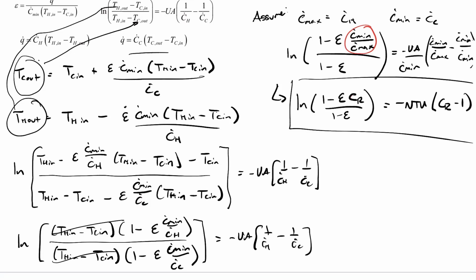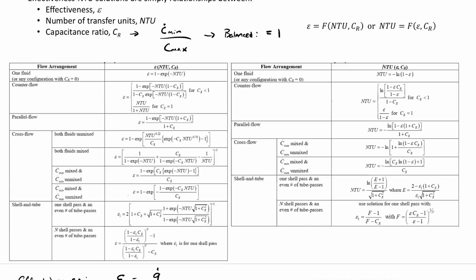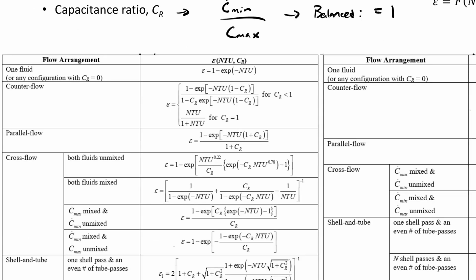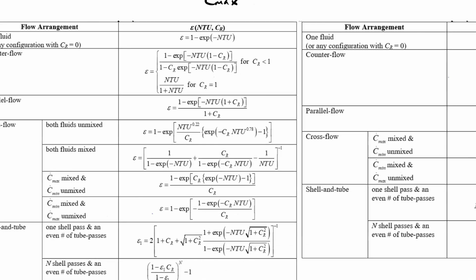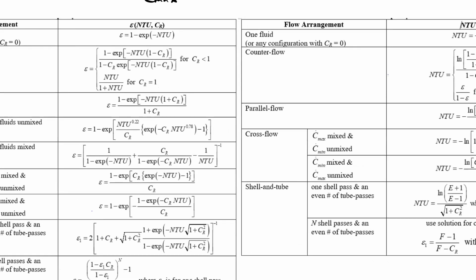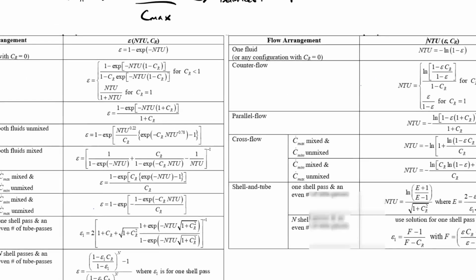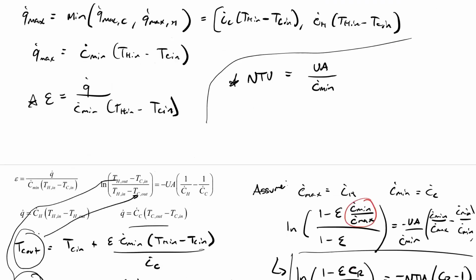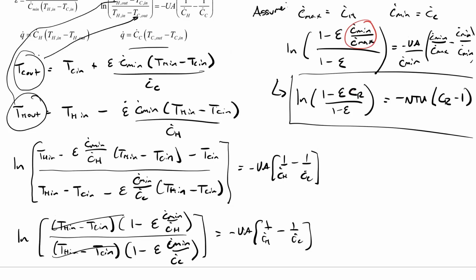Right? So we went through that kind of tedious analysis, but now if we compare this expression back up to the table, we should see that that's the expression. This is going to be solved now for effectiveness or solved for NTU. You'll see it on either side. Actually, I have this down here with some notes. So that's the solution. Questions on that?